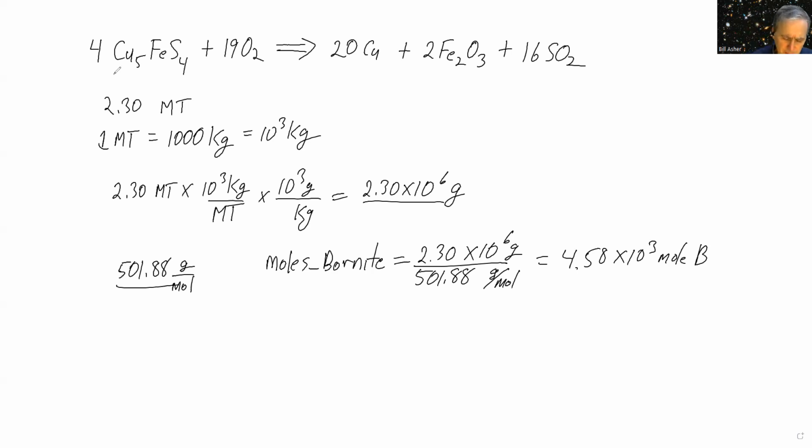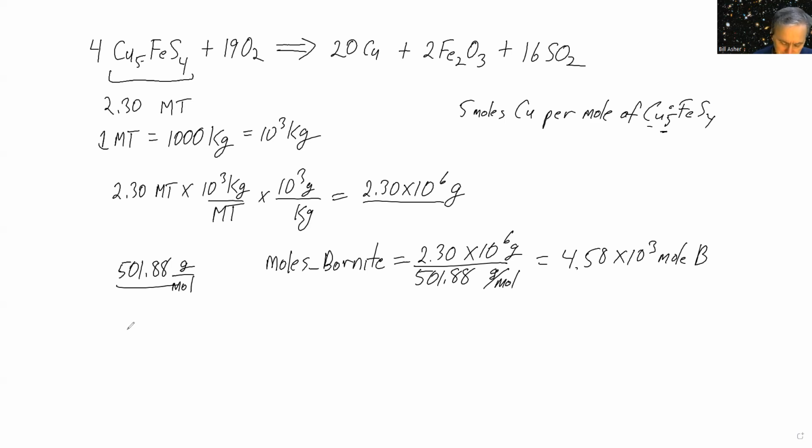And then if you look at the formula for Bornite, the formula mass, it's Cu5FeS4. So how many moles of copper atoms in there? Well, there were 5 moles of copper per mole of Cu5FeS4. Right? Because that's what that little 5 means. I have 5 moles of copper per mole of that.